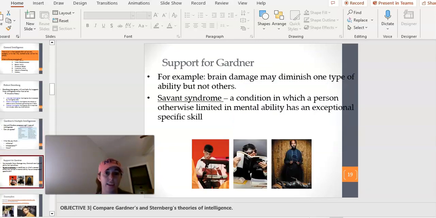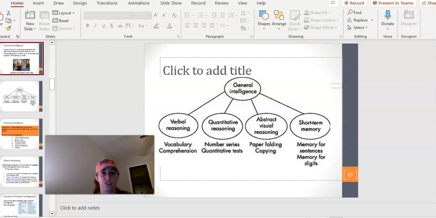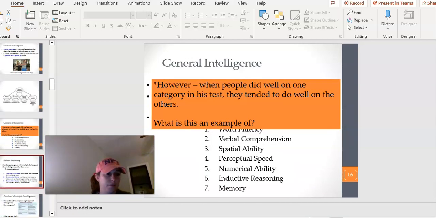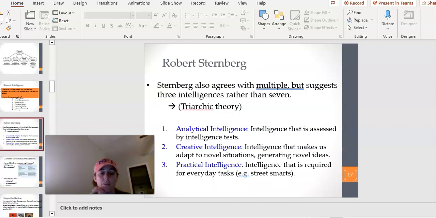And then lastly, Sternberg has the triarchic theory. He's got analytical, which we think of as school, your basic school stuff. But then he adds creative. Creativity, that's intelligence.